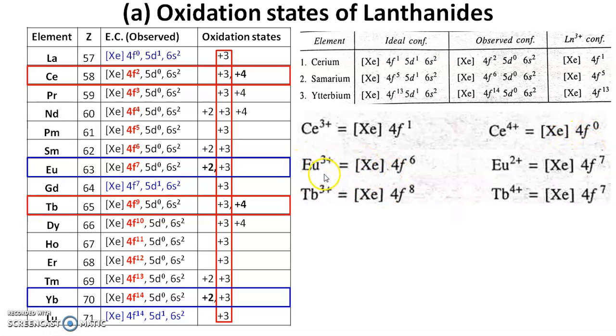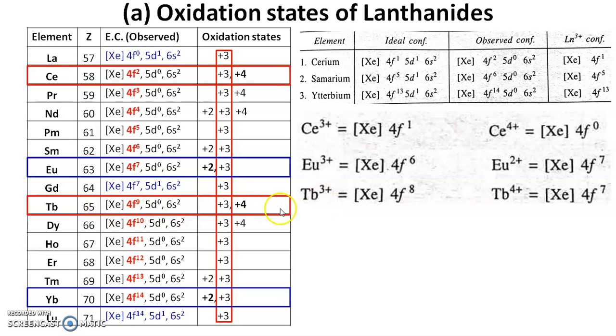Europium in +3 oxidation state has a configuration xenon 4f6, whereas in +2 oxidation state, which is the stable one, it has a configuration of xenon 4f7. Terbium in +3 state has a configuration of xenon 4f8 as I explained here.